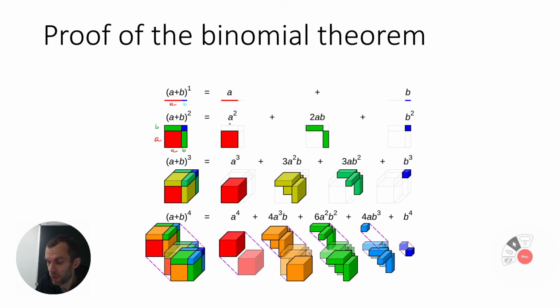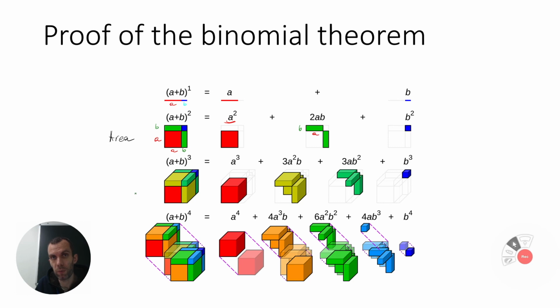We have one here that's a squared in area. So here we're going to look at areas. And then we have 2 green rectangles with lengths a and b. So the total surface area is a times b times 2, because we have 2 of them. And then we have a little blue part in the corner, and that's b squared in area. And so the whole area, a plus b squared, is a squared plus 2ab plus b squared.